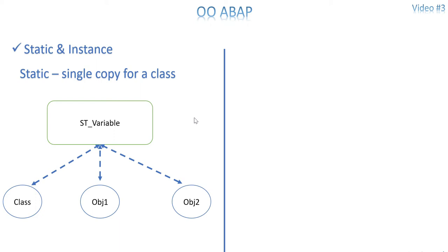So it may be updated through a class, it may be updated through an object, or n number of objects. This is going to keep the latest value of the particular variable. So that is the idea of static. So in your requirement, if you feel some particular variable has to hold the updated value, it keeps on updating, you have to hold the updated value, go with the static.